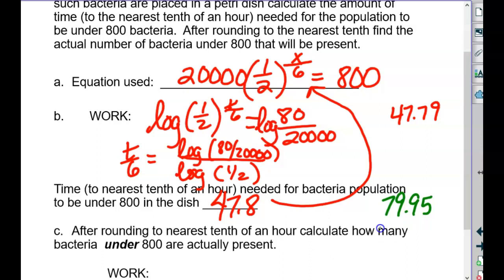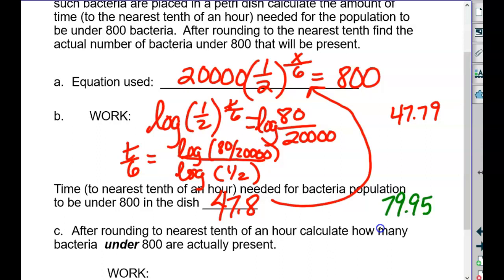Well, let's type it back in. 20,000 times 1/2 to the 47.8 divided by 6. Well, what if I did 47.7? Then it's at 80. Yeah, I must not have typed it in right. Okay, let me try again.